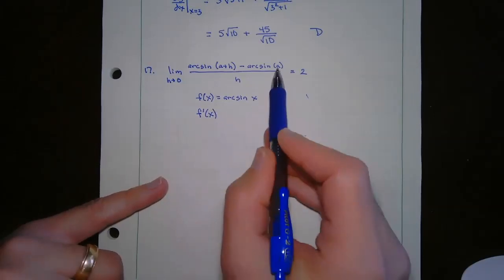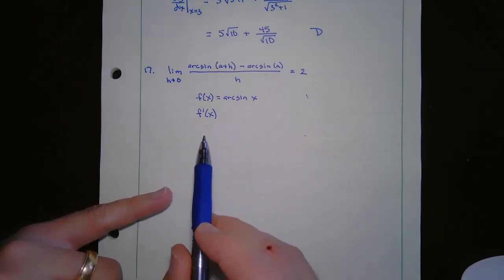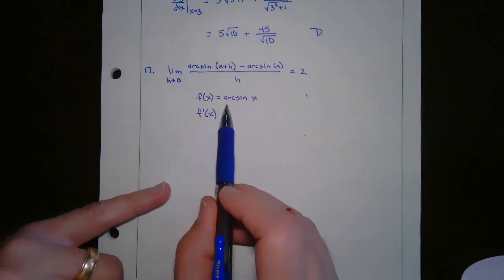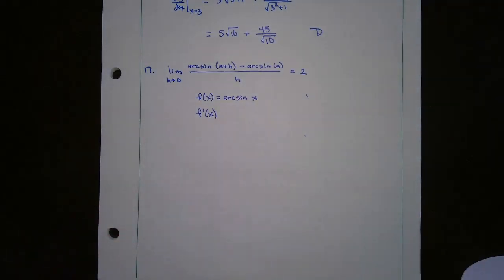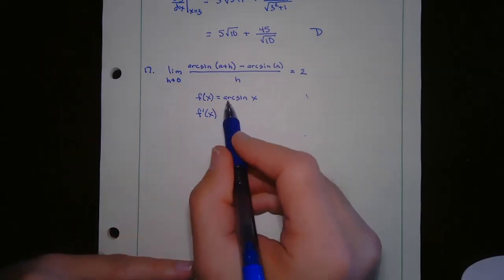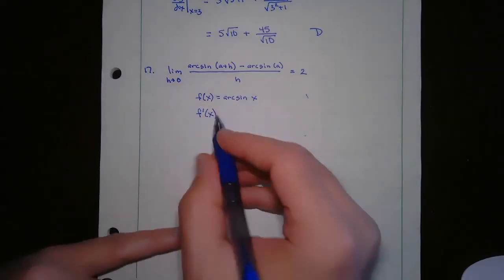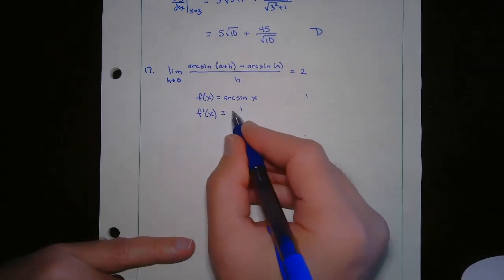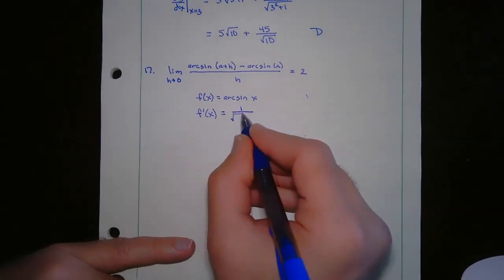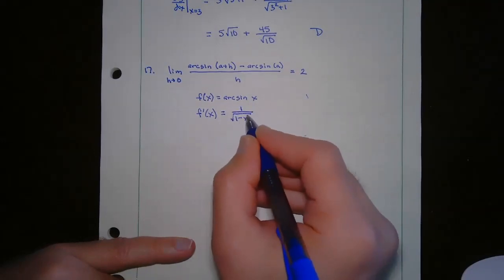So what is f prime of x? Here a is a specific value that they're telling you. So this is where it's helpful to know your derivative rules. The derivative of arc sine of x, which is the same as sine inverse of x, is 1 over the square root of 1 minus x squared.